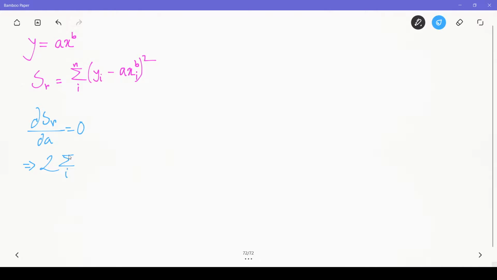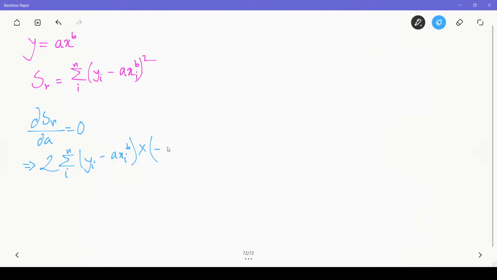We have the sum from i equals 1 to n, yi minus a times x sub i to the power b, times what? Since we are differentiating with respect to a, and a is present in this term, it is implicitly multiplied with minus 1.